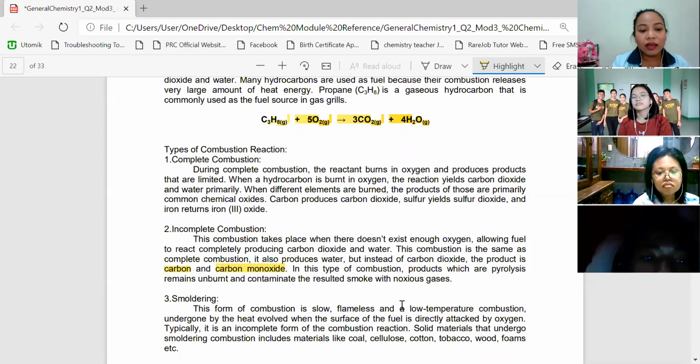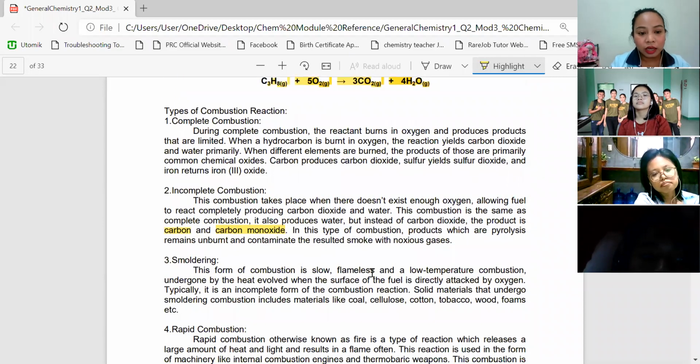So ingon ana, that is incomplete combustion. Kung ang product dili carbon dioxide lang and water, kundi carbon and carbon monoxide, then that is incomplete combustion.